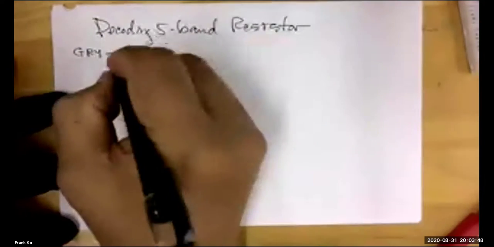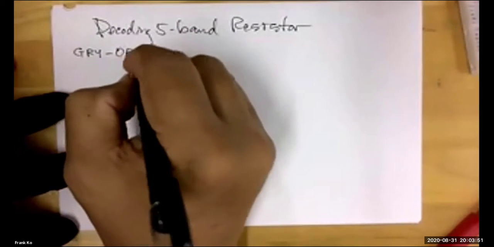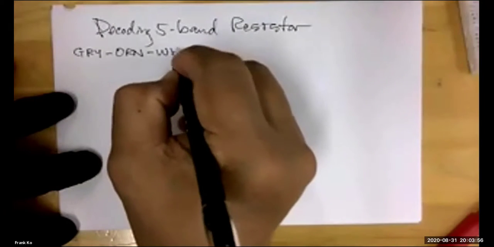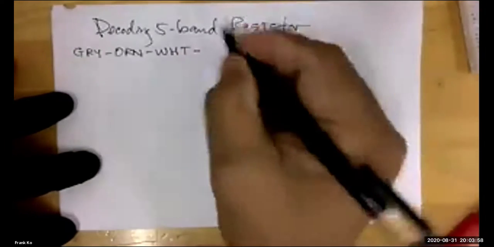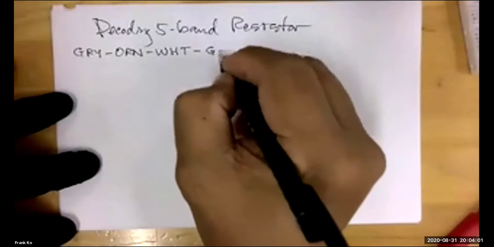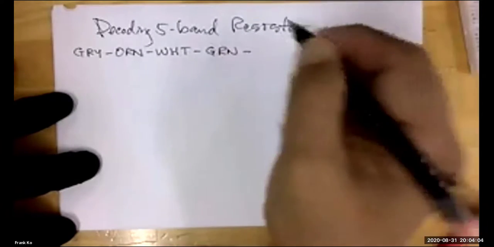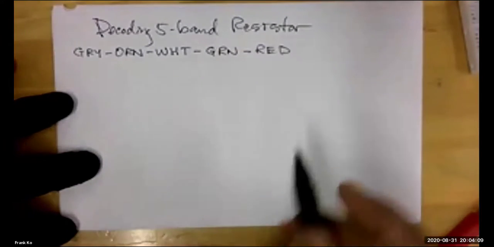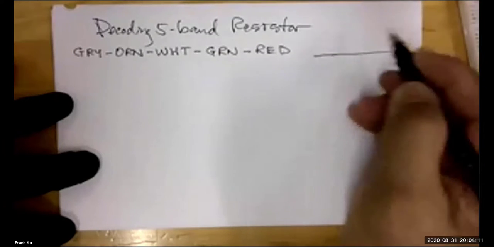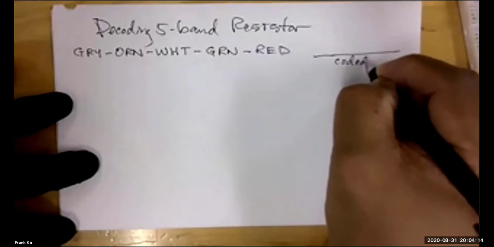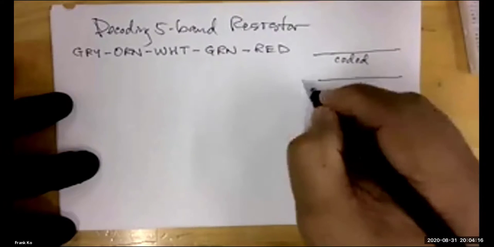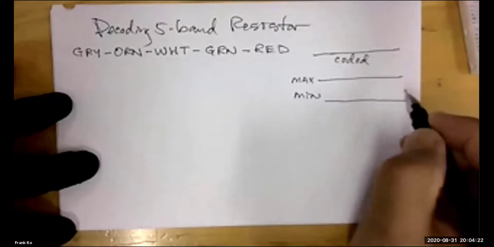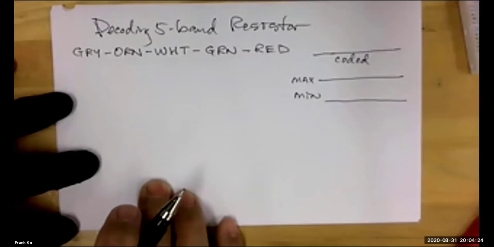GRY dash ORN dash WHT dash GRN dash RED. And again, I am looking for coded, I am looking for max, and I am looking for minimum. So those are the 3 things that we're looking for.